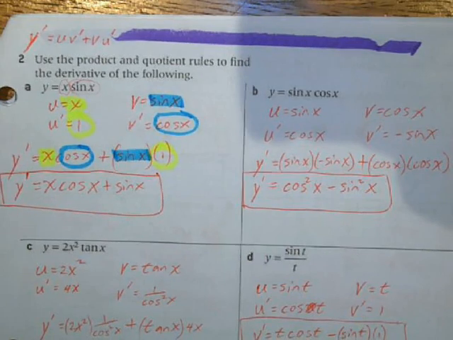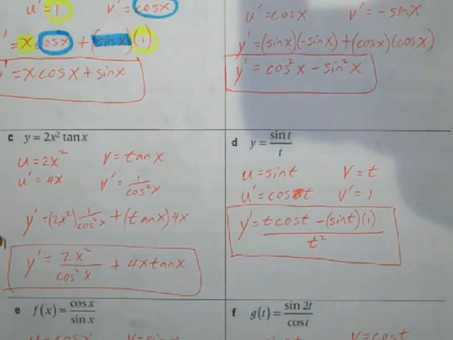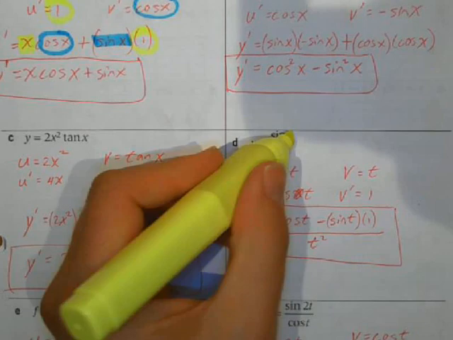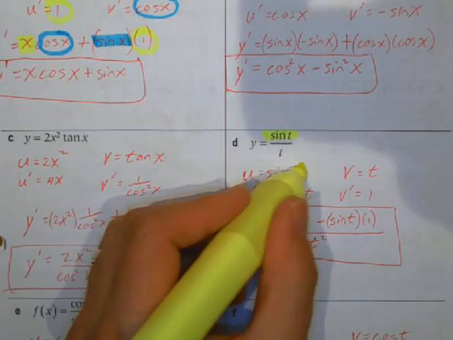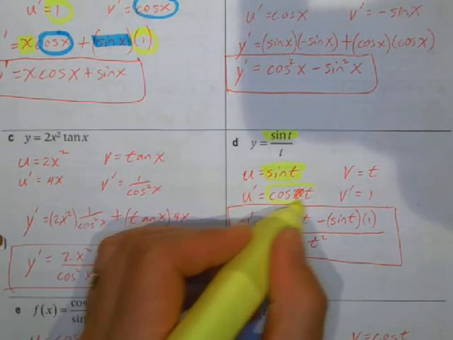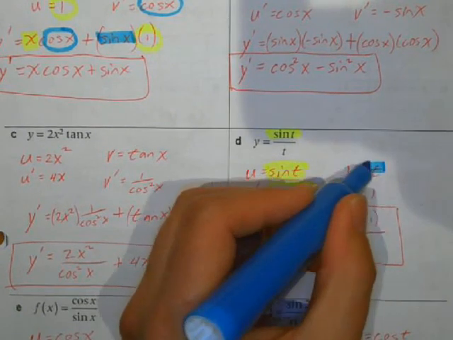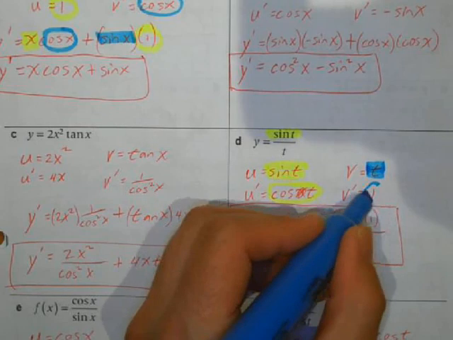Here I've got the quotient rule. I've got sine t, the derivative of sine t. I've got v is equal to t, and the derivative of v.